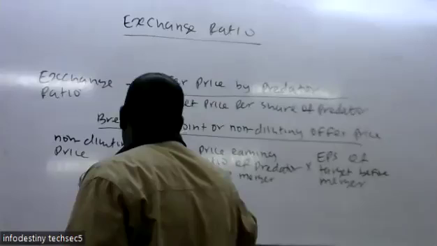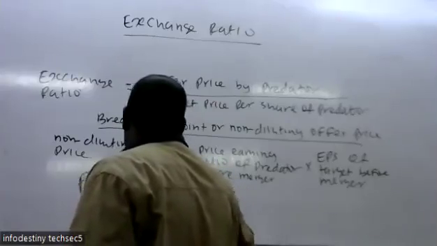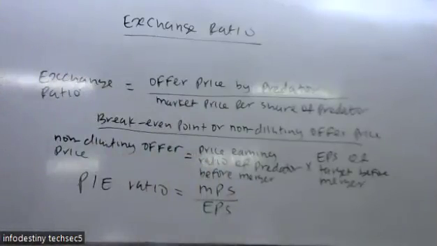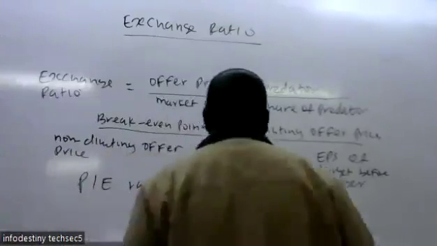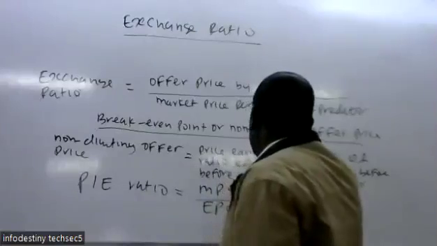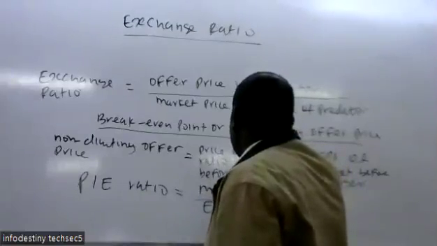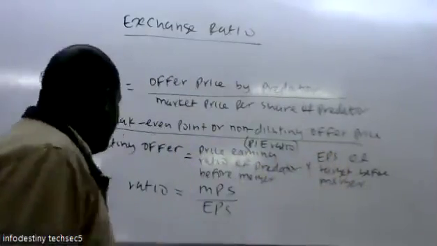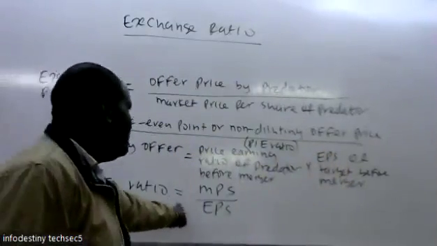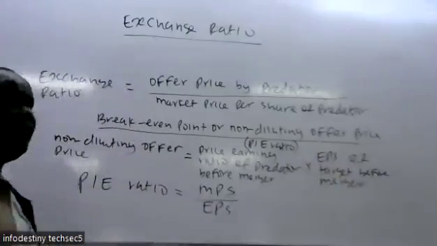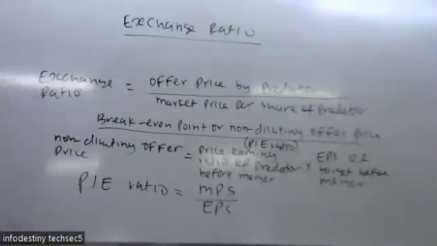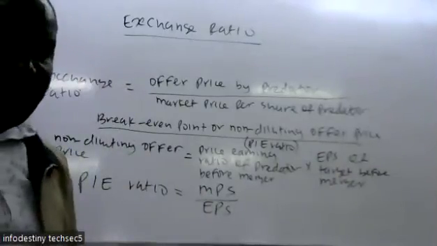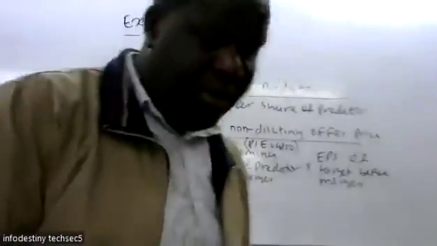It is supposed to be given by market price per share divided by the earnings per share.